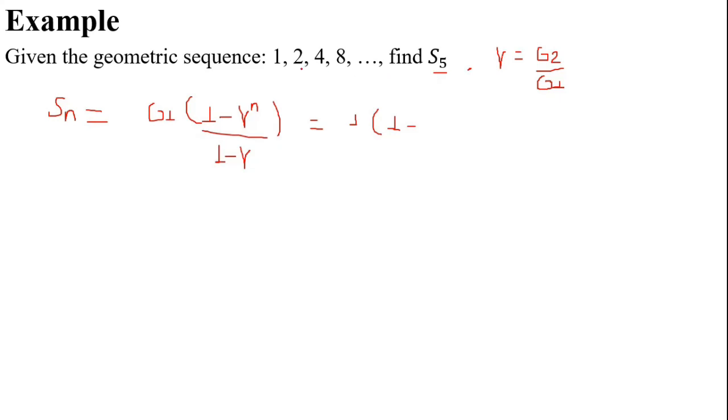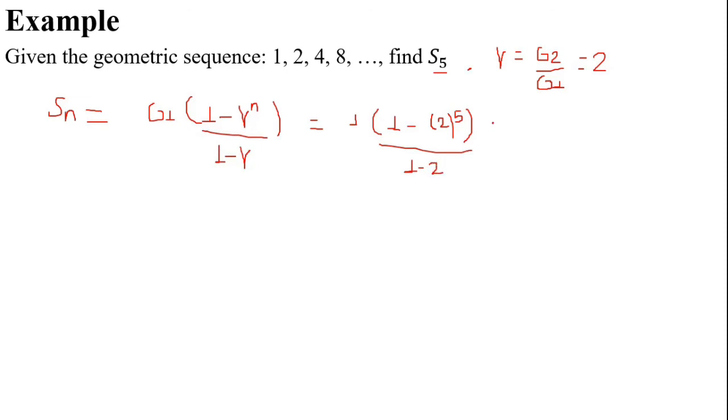G2 is given as 2 and G1 is given as 1, so 2 over 1 is 2. Now let's substitute the value of the common ratio for r, to the power of 5, since we are finding the sum of the first 5 terms, so we substitute n by 5. So 1 minus 2 to the power of 5 here.